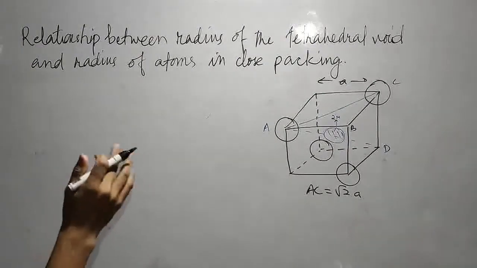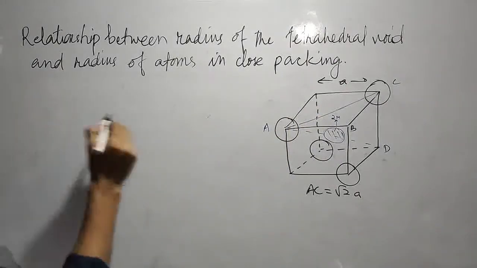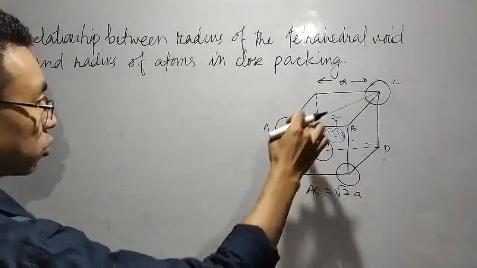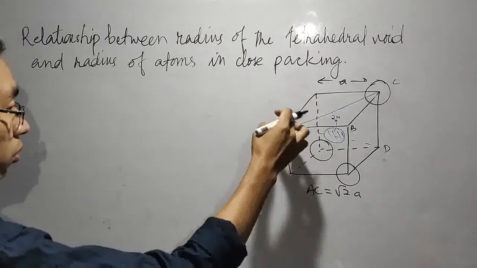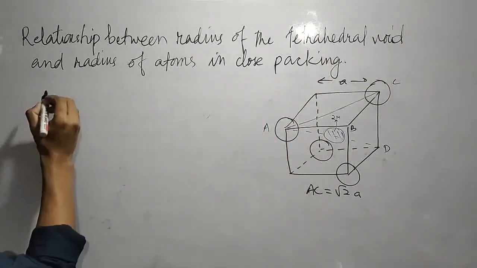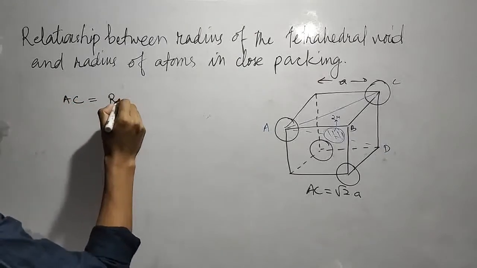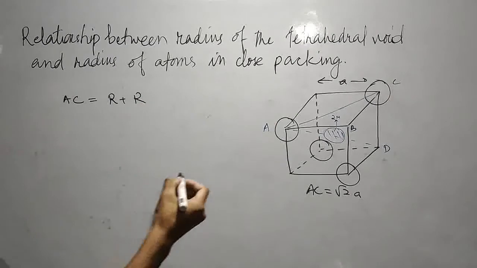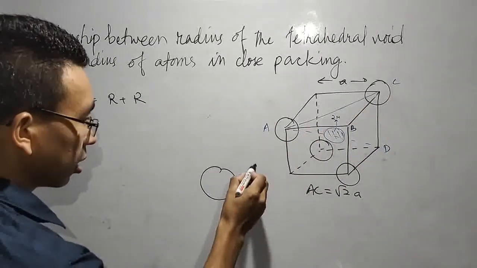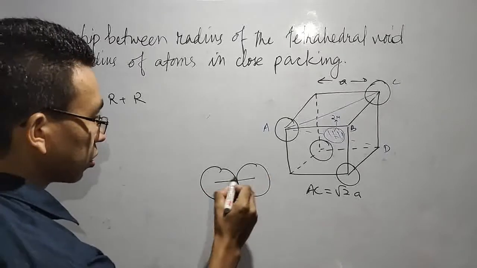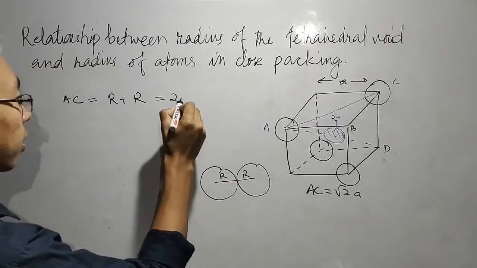Therefore the distance between these two atoms, suppose atom A and atom C, which are in contact with each other, and we took both of their radii as R, capital R. So AC will be equal to R plus R, that means the radius of this one plus this one, so it will be 2R.